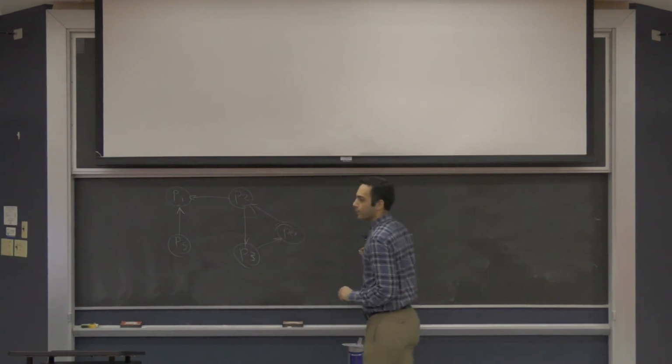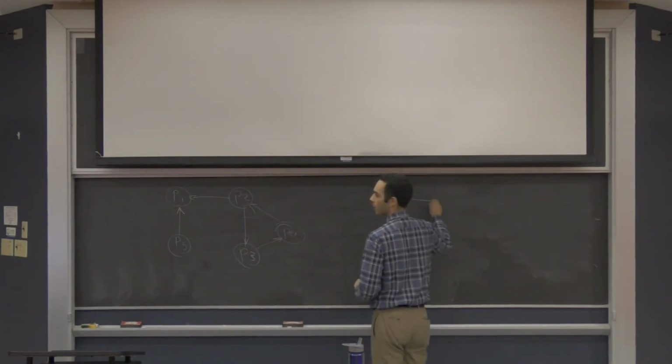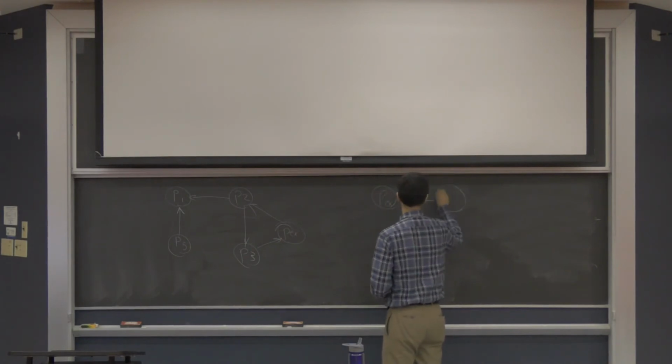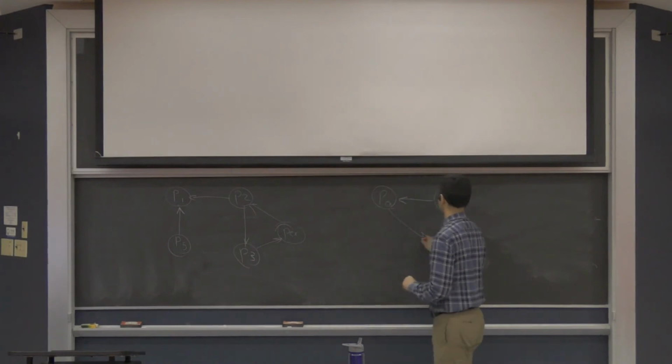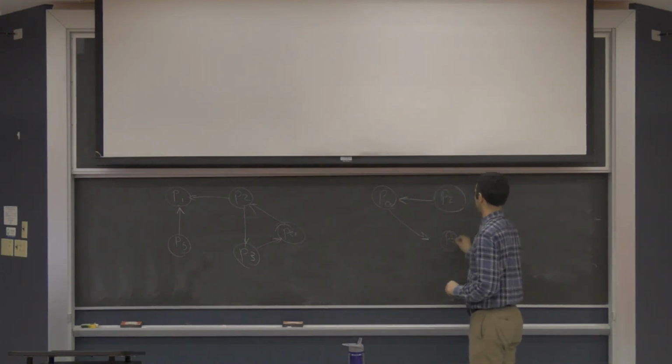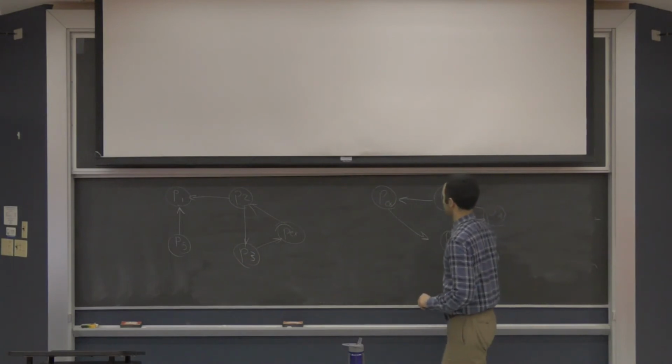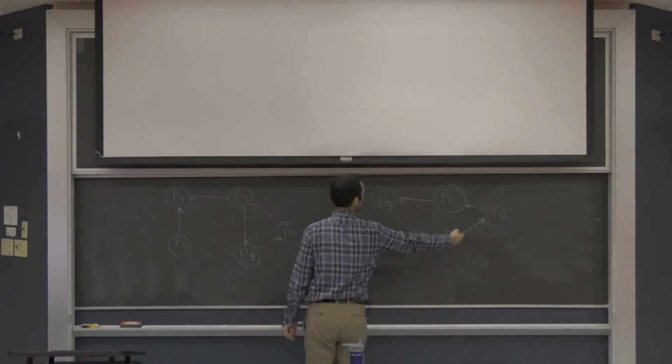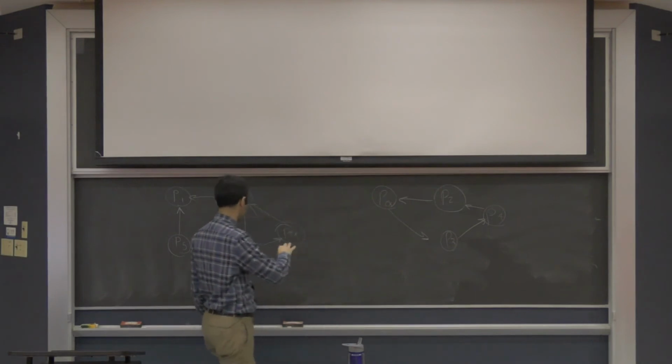And now site 2 has PX, and it has P2, and it has P3, and it has P4. Right? So it sees this cycle, sends this information to this one.